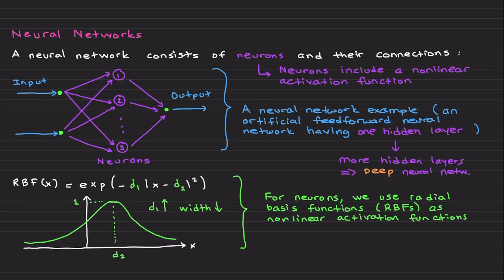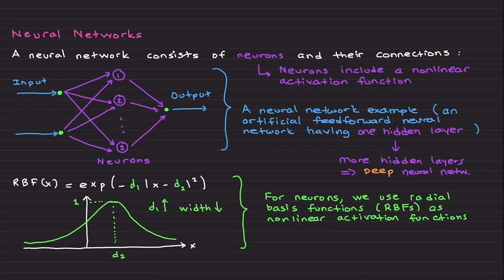And a radial basis function is nothing but the exponential of some constant d1 that you need to choose, times x minus d2 to the power of 2. Let me talk about d2. d2 shows the value of this radial basis function center. It will be located at d2. And d1 is related to the width.